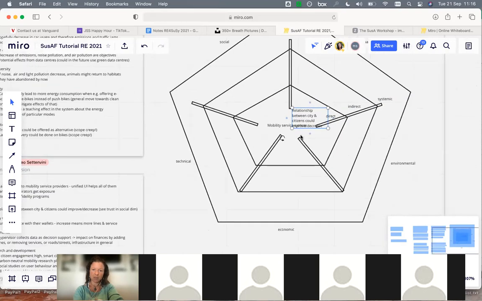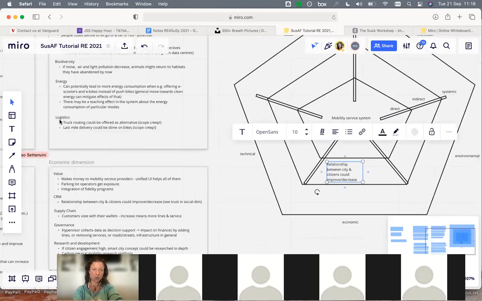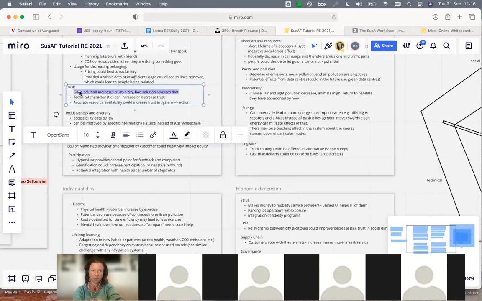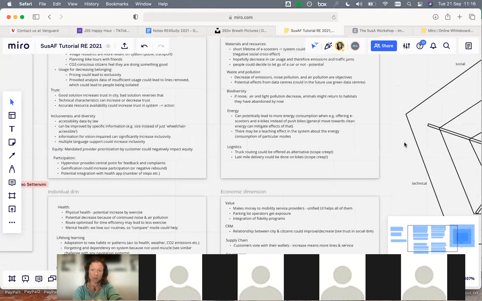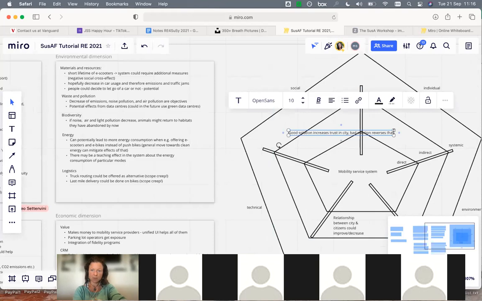Here we really get to the scrollability of the system that we're using. So this had a cross relation to trust in social. We said a good solution could increase the trust in the city. And that is also an indirect effect.